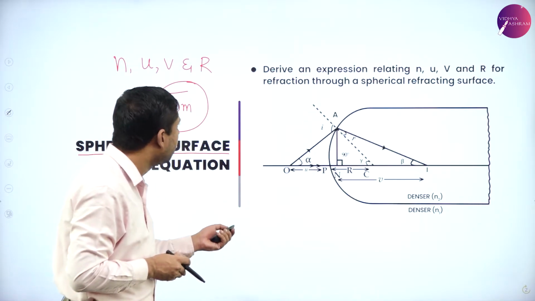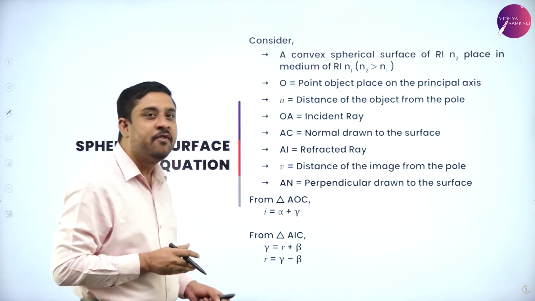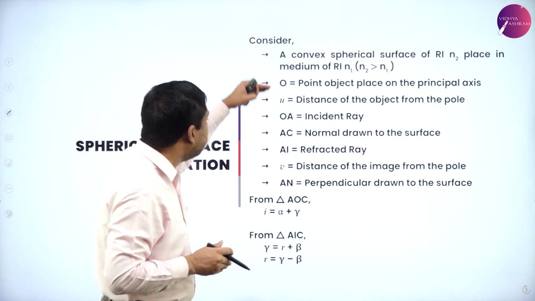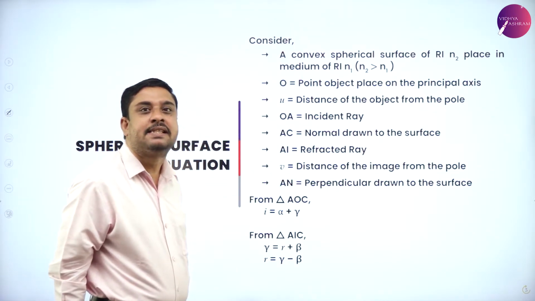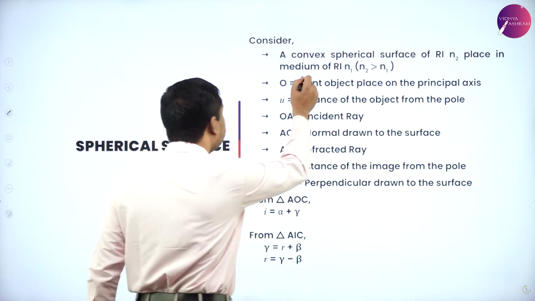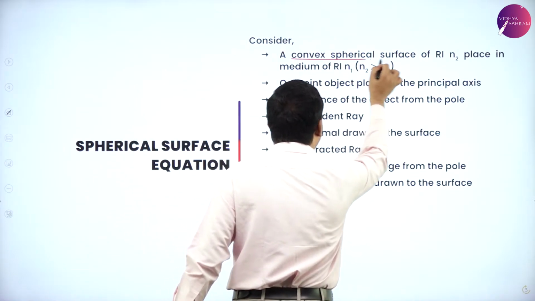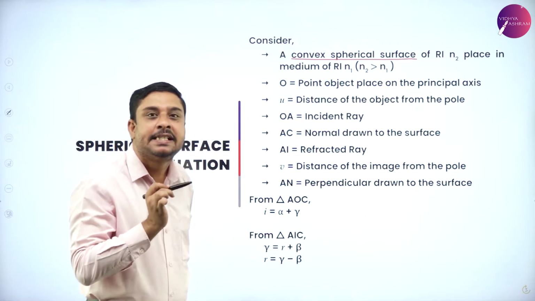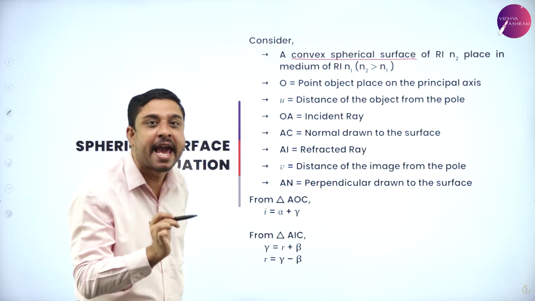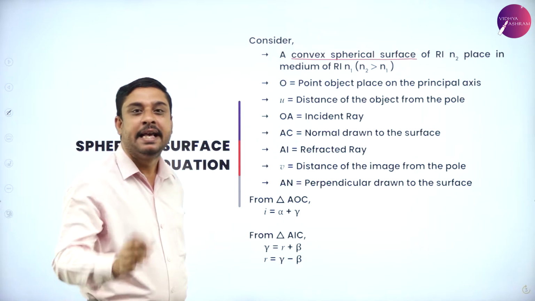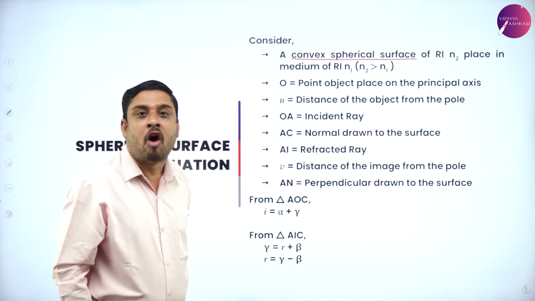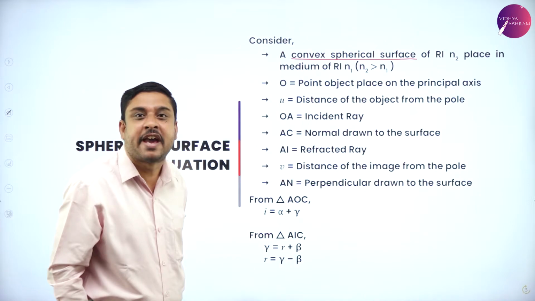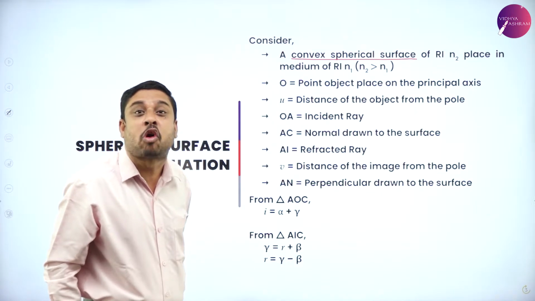Now, to begin with, these are the considerations. I have a convex spherical surface. The nature of the spherical surface here is convex.